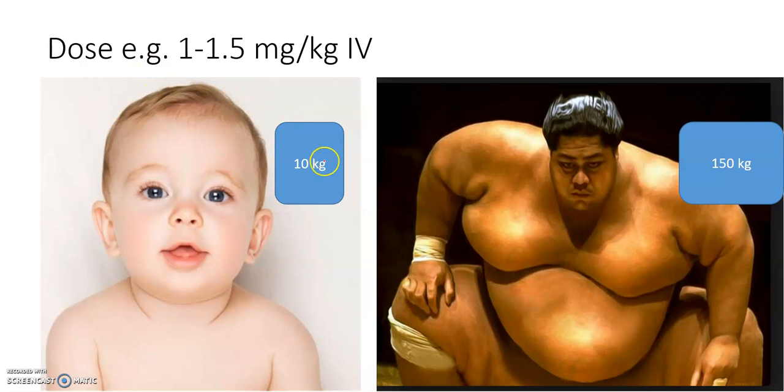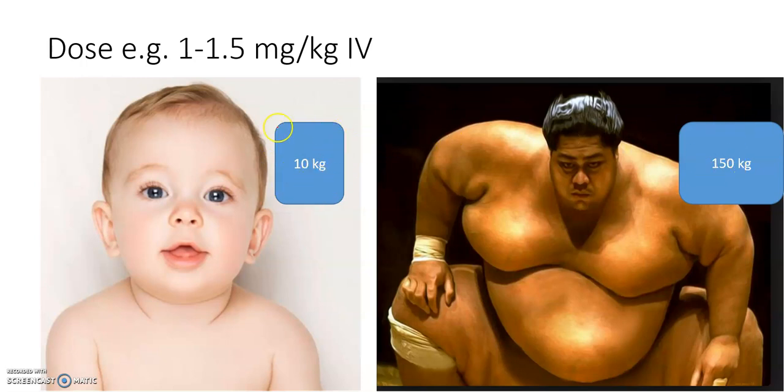The dose is usually 1 to 1.5 milligrams per kg intravenous. So for example, for a baby, if someone is 10 kilograms, we give about 10 to 15 milligrams of intravenous succinylcholine.